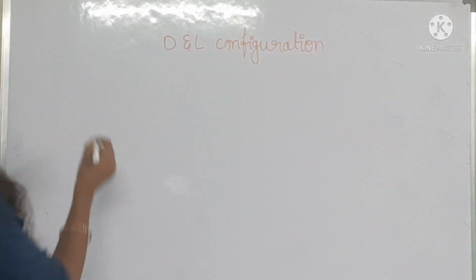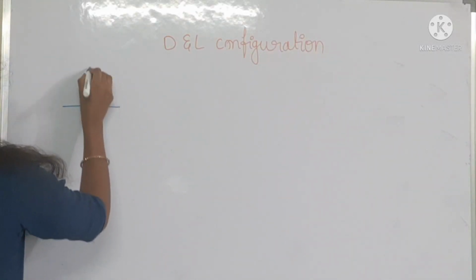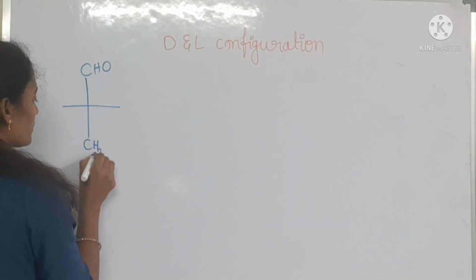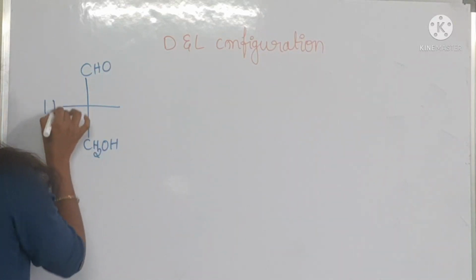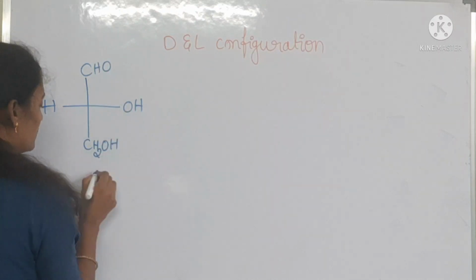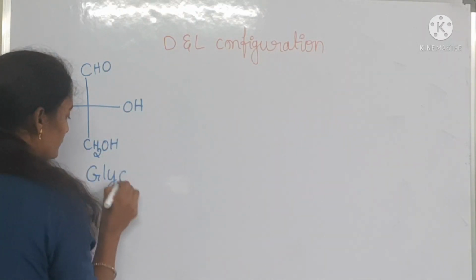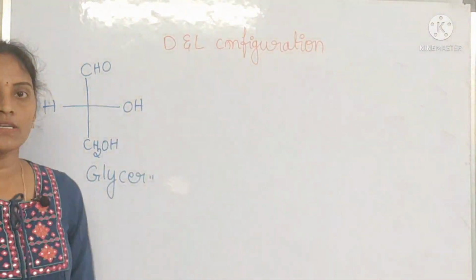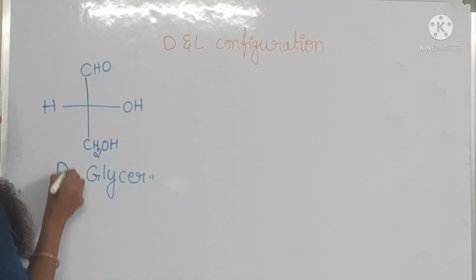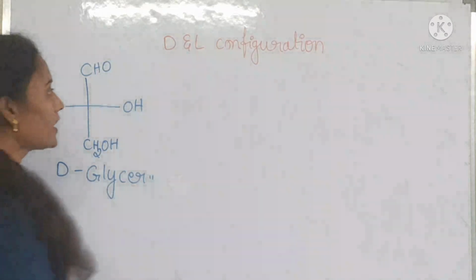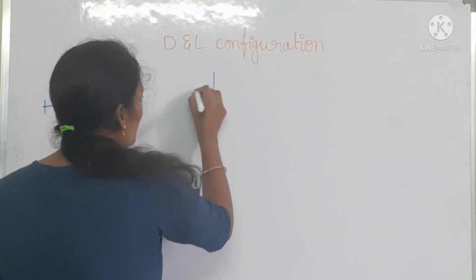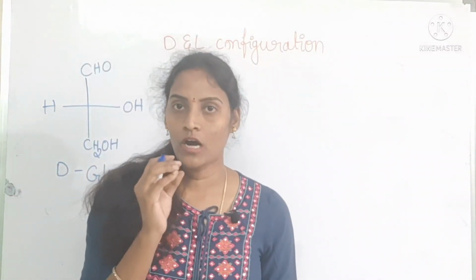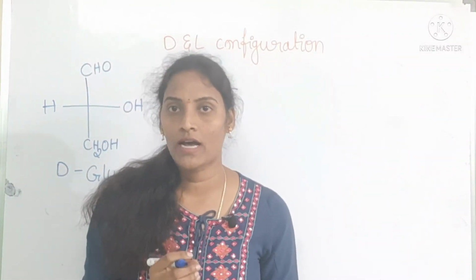Next one, you can take glyceraldehyde. This is glyceraldehyde. Which glyceraldehyde? This one, D-glyceraldehyde. Okay, if you take glucose, till now we discussed compounds which have only one chiral center.